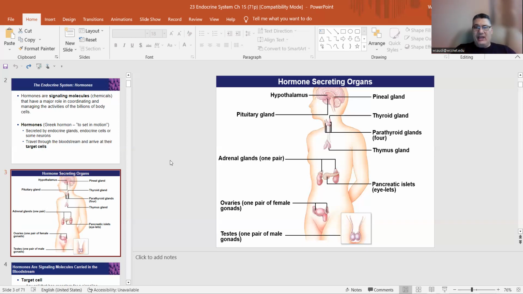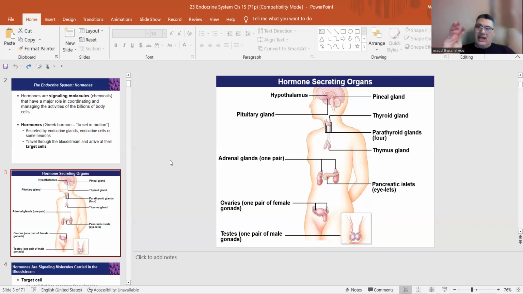We also have the pancreas. Does the pancreas secrete the digestive secretions? No, the pancreas is 2 in 1. The pancreas is exocrine. It makes secretions, all different types of enzymes that go through the ducts and go to your intestine.